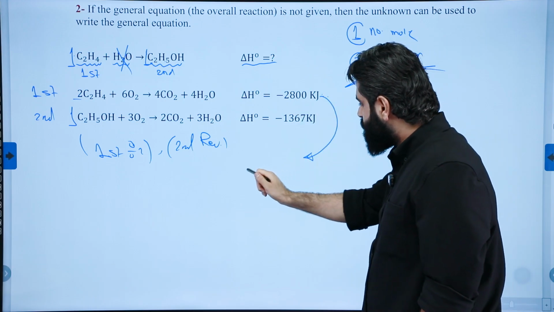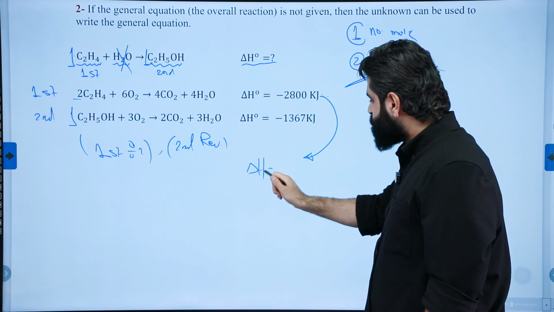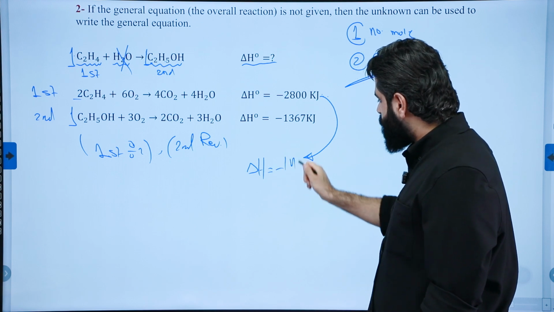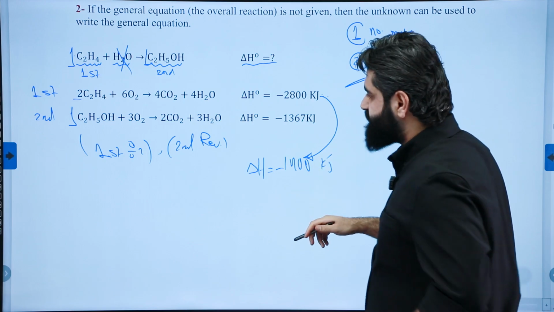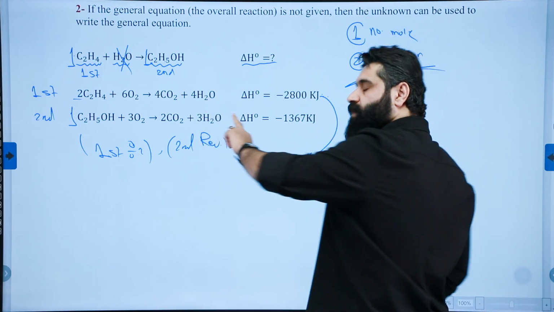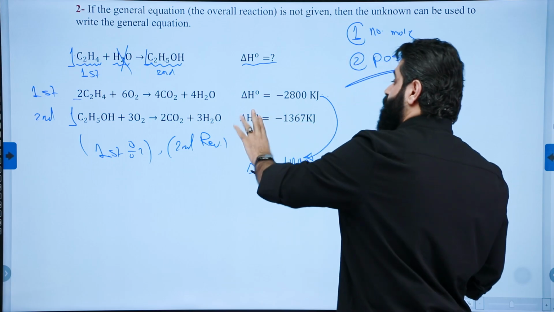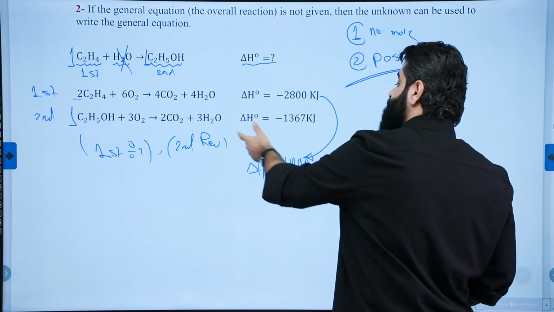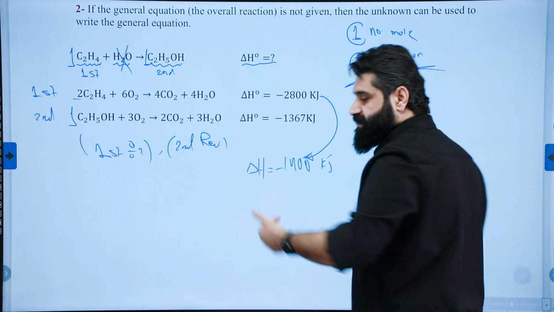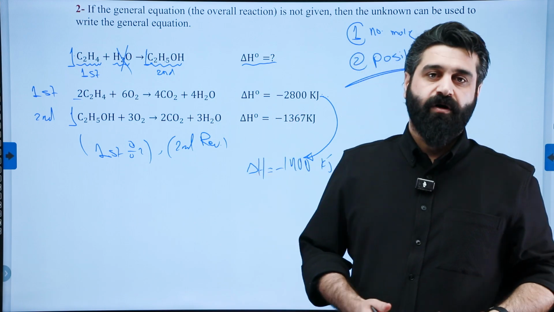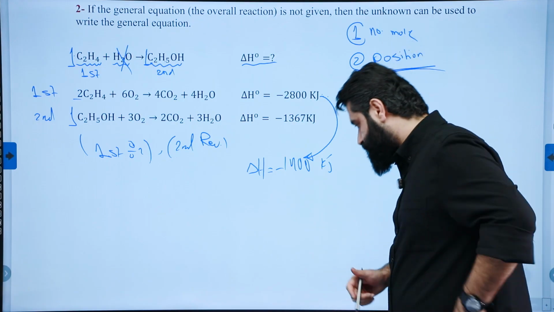Delta H equals negative 1,400 kilojoules. Good. And the second reaction is reversed. Once a reaction is reversed, the arithmetic sign must be reversed. If it's positive, convert it into negative. Or if it's negative, it must be turned into positive.